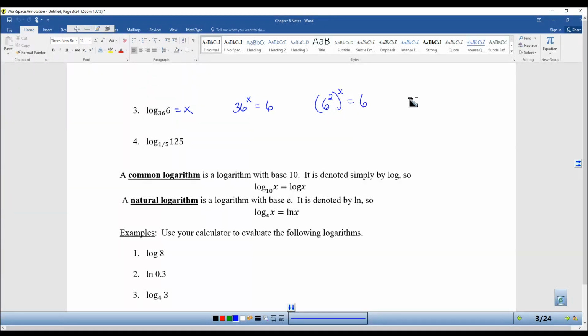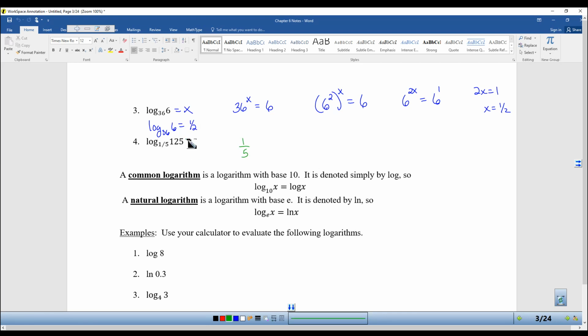Now they have the same base. And do you remember how to combine these? Addition or multiplication? Hopefully you said multiplication. And this is to the 1. So I can write 2x must be equal to 1, so x is equal to 1/2. So log base 36 of 6 is equal to 1/2. And last one.